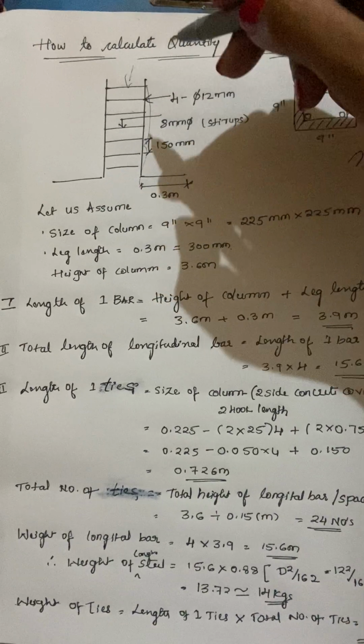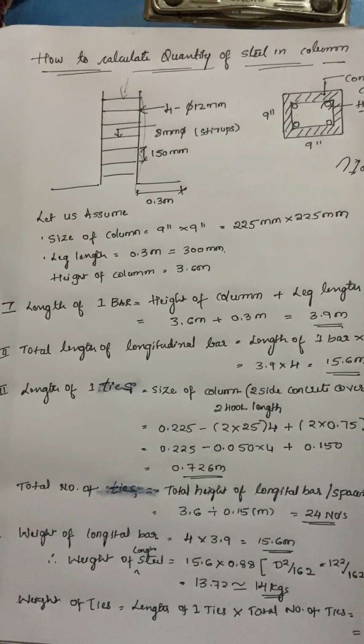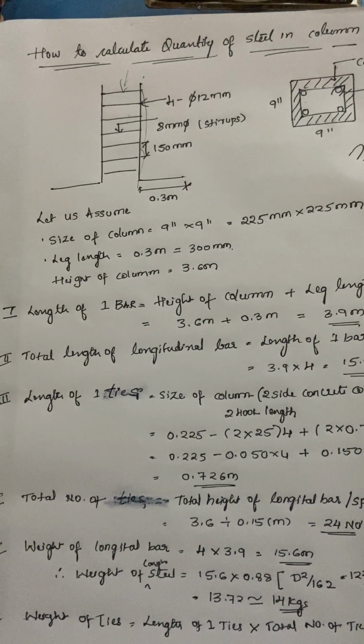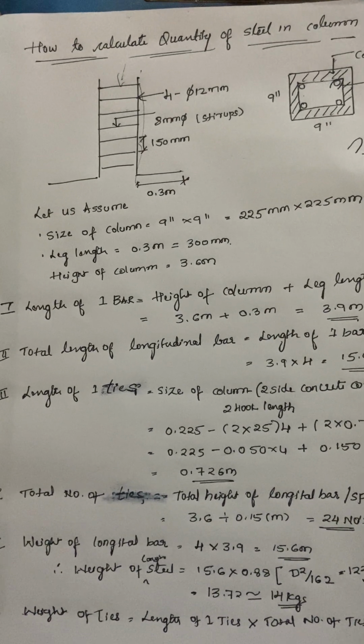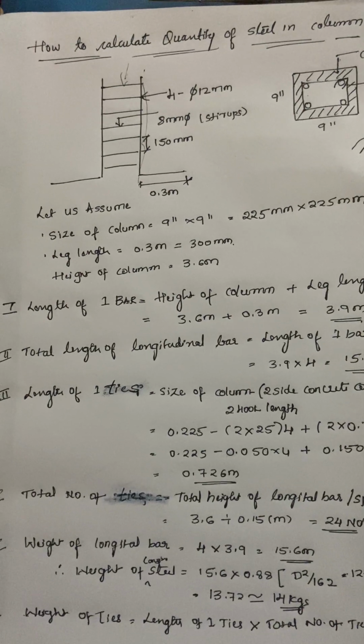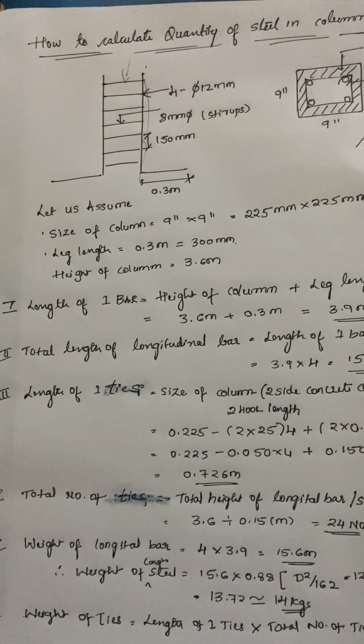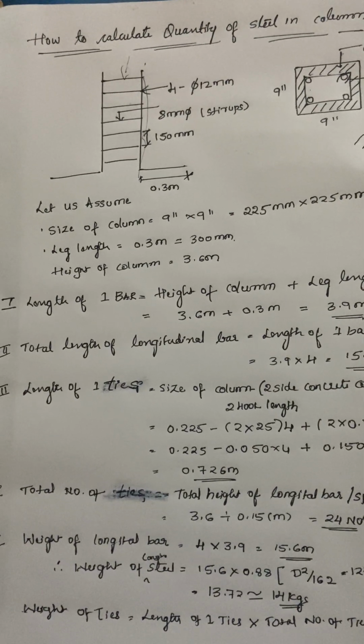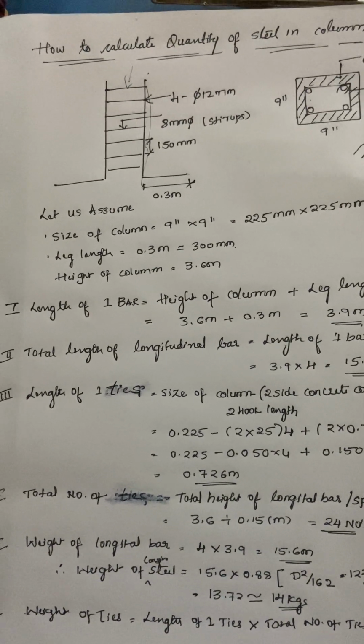This particular column may bend. Okay, so these longitudinal bars will help prevent the column from buckling, cracking or collapsing. So these bars are typically embedded within the column to enhance structural integrity.